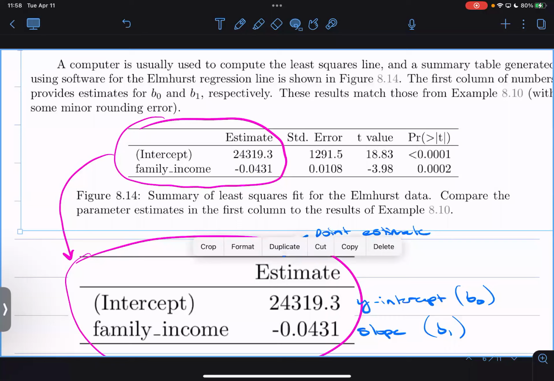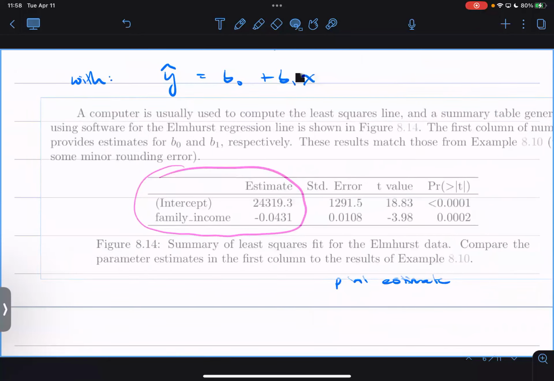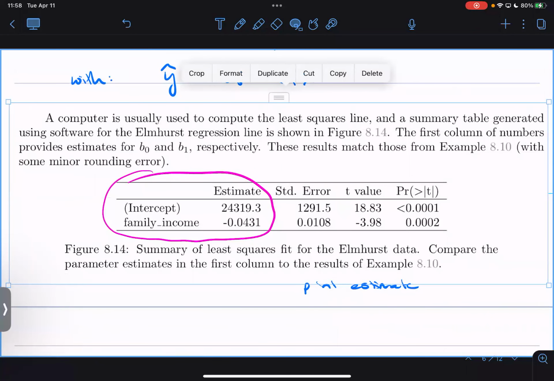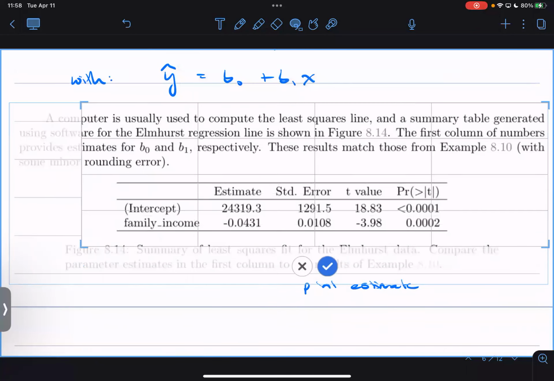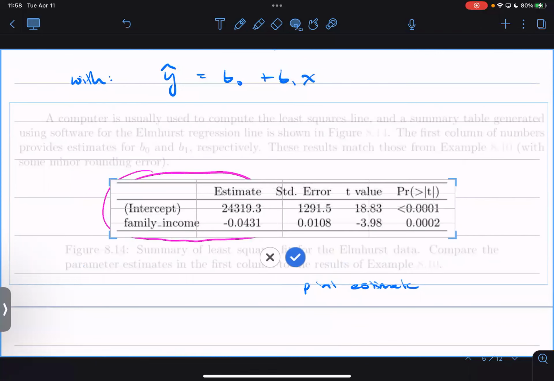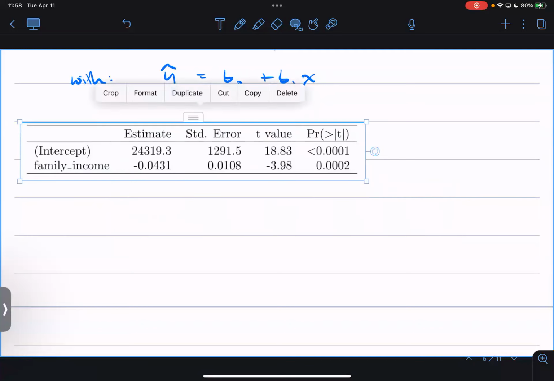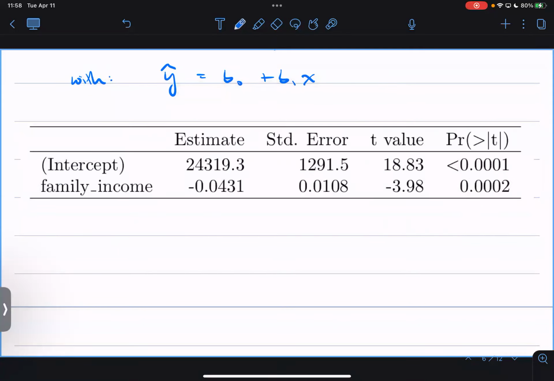Okay, let's see if I can, I'm just gonna copy this, see what I can do here. Crop it. Okay. So here we have your point estimate.